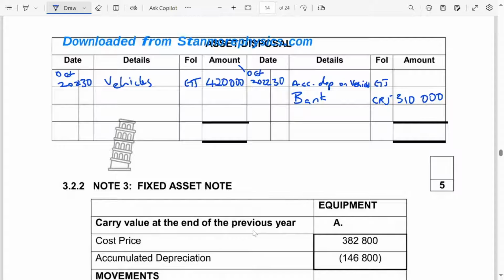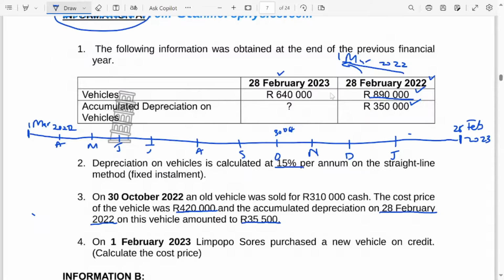So we come here, we have 35,500. Now we must also calculate the depreciation for the current year for the asset being disposed of.